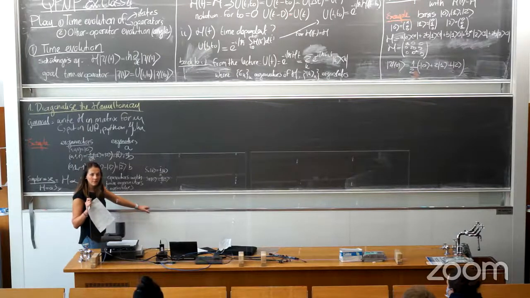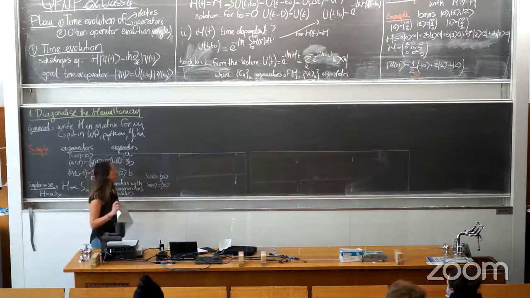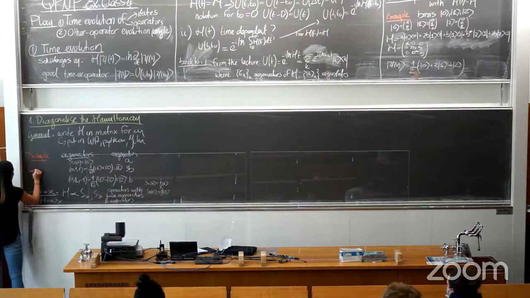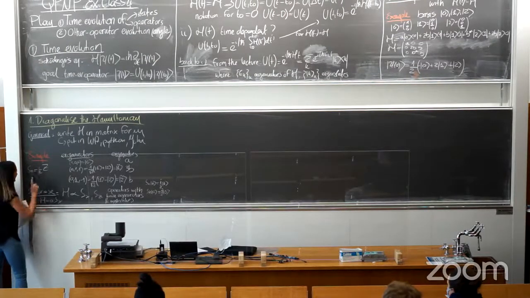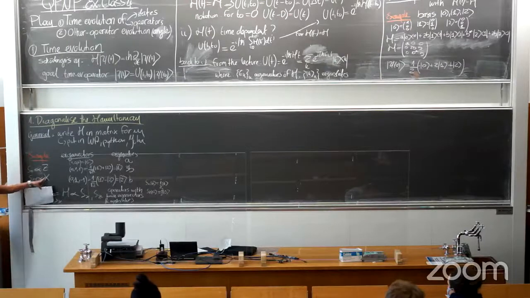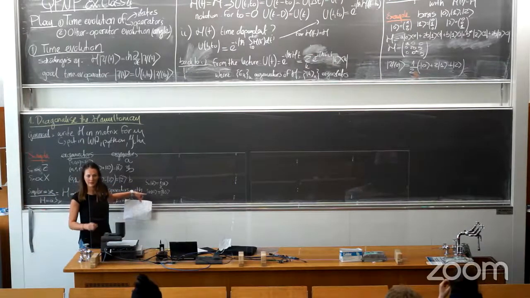Sz is i divided by 2 times the Z matrix, or there is a constant before, and Sx is also proportional to the X matrix. These are the eigenvalues of the X and Z matrices.